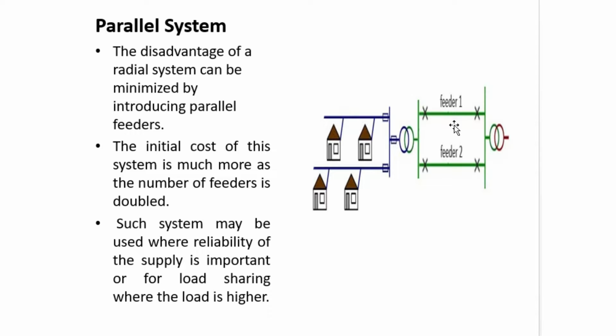So a greater level of reliability and higher cost is achieved with the parallel feeder, and you can see the parallel feeder system here in the figure, where two feeders are connected in parallel and then connected to the consumer system.